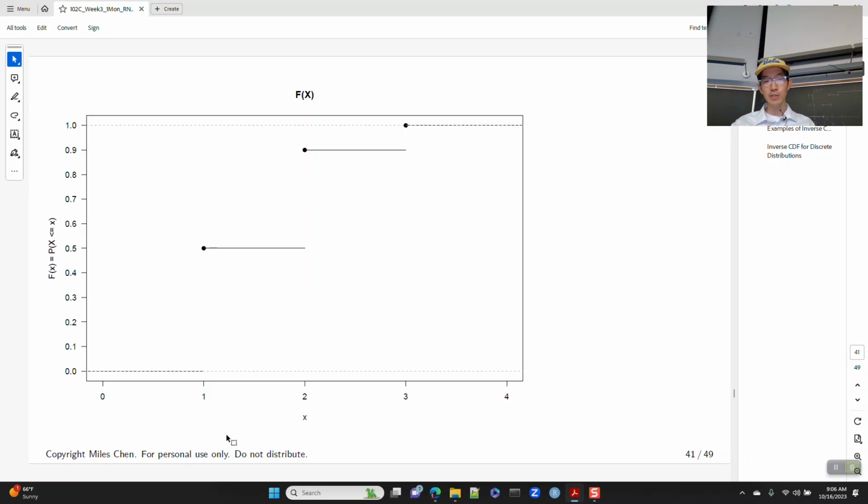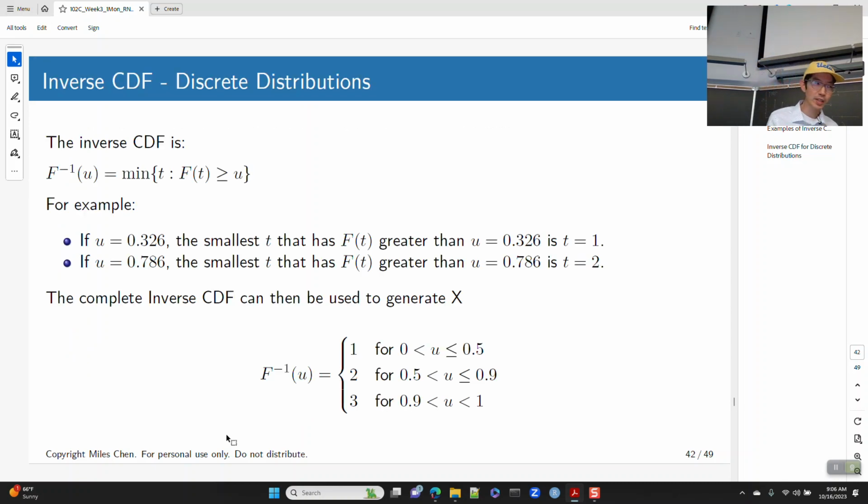The inverse CDF looks like this. So keep in mind the definition of our inverse CDF. The inverse is the minimum value of t such that the CDF at t is greater than or equal to this value u.